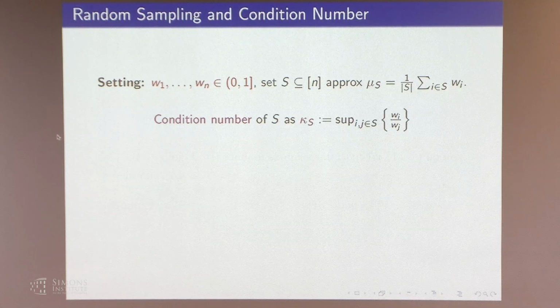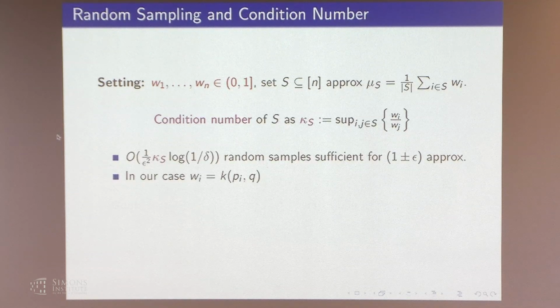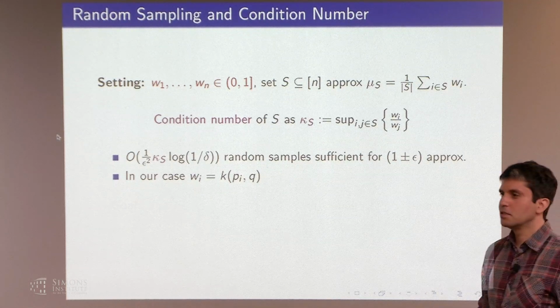The main idea is to take your data set and partition it into pieces such that in each piece there is a bound on the ratio of maximum to minimum. Then you can go over all your pieces, and in each piece you won't have to sample very much to figure out its contribution. That's the main idea. And the number of pieces is exponential in t? The number of pieces is exponential in t.